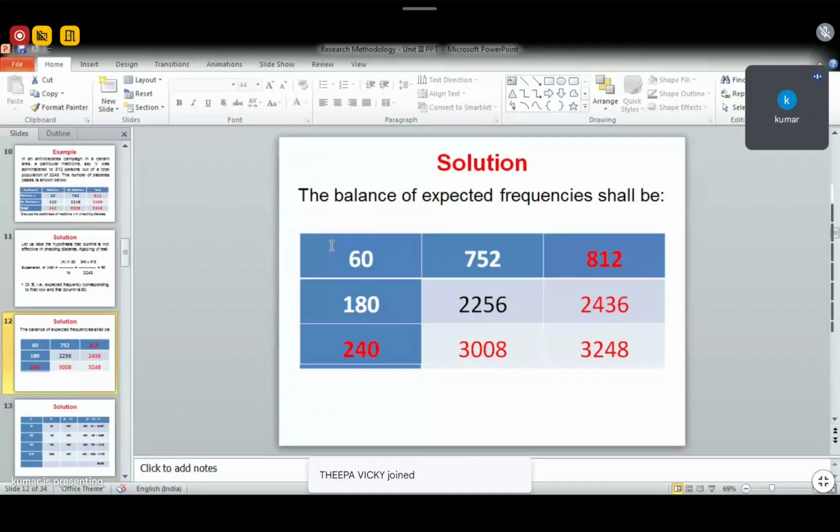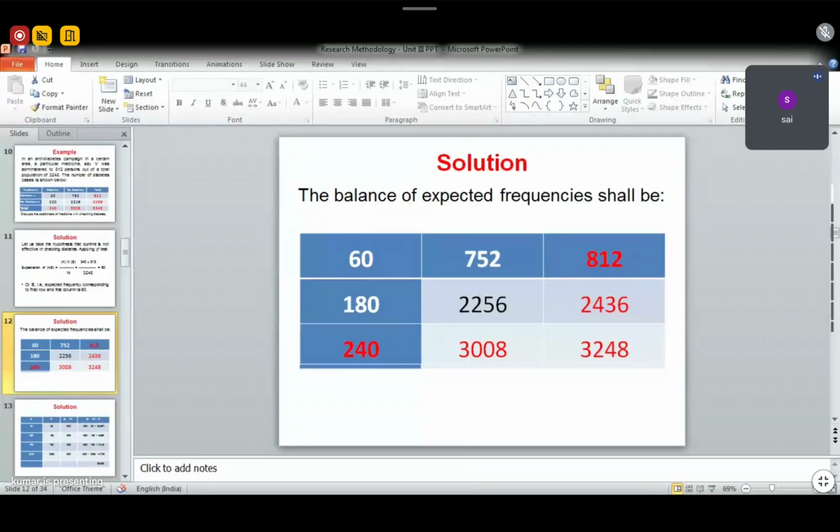So do you understand this now? Let me move on to the next part of this. You can go through the study material also. It is given in the study material clearly. 60, 752, 180, 2256, right?